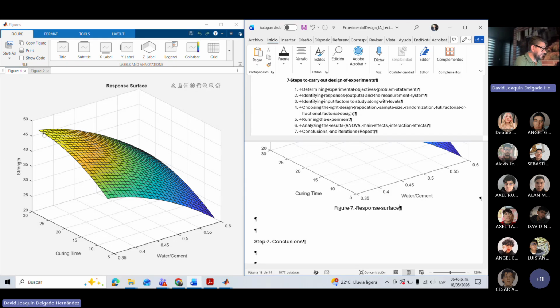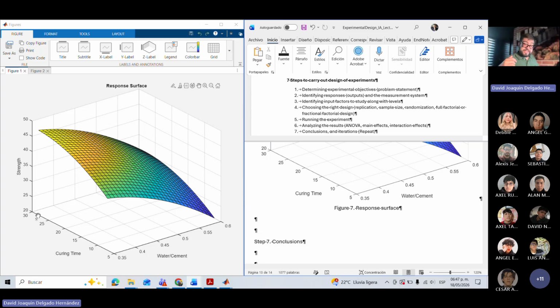So as you can see, in the yellow color, you have the optimum value. What is the optimum combination for getting a very strong concrete? You use 35 as a water cement ratio, so 0.35, and you use the curing time of the 28 days, the maximum curing time.